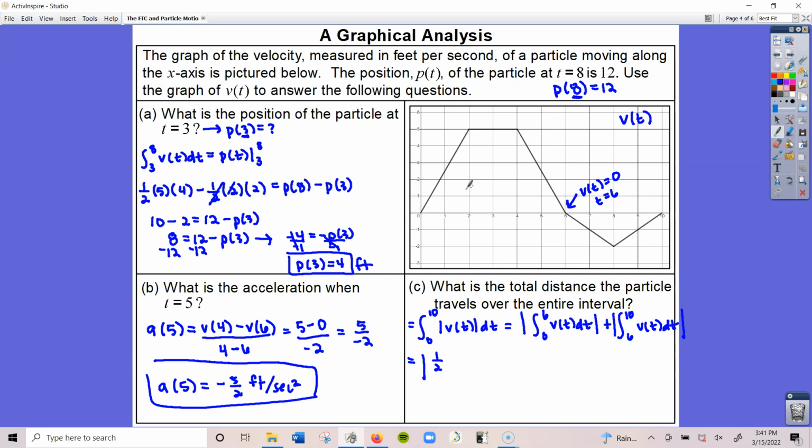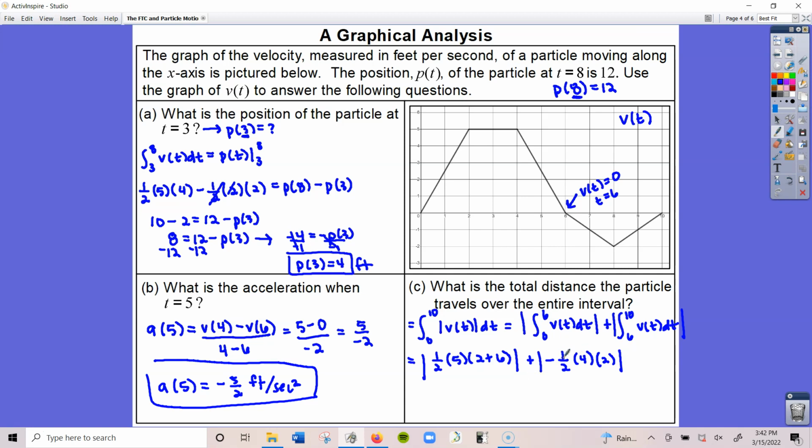Now the height of this trapezoid is still 5, and my bases are going to be 2 plus 6, plus the absolute value of this triangle here, which, since it's below the x-axis, we normally write as negative, and that'll be 1/2 the base, which is 1, 2, 3, 4, times the height, which is 2.